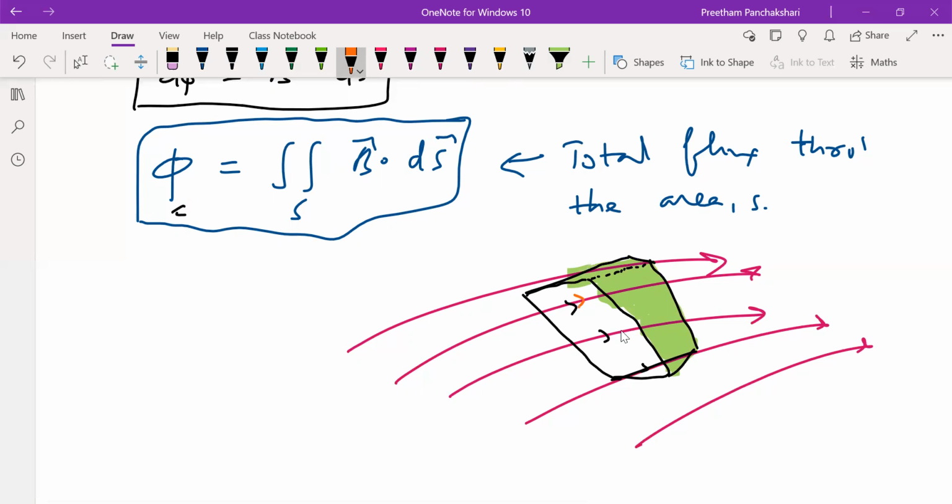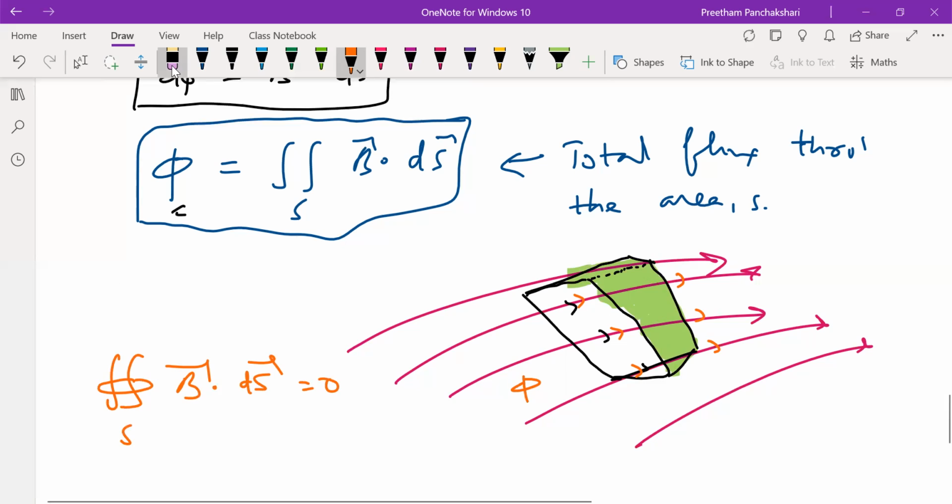The flux entering from this face is leaving from another face. Since these magnetic flux lines are closed paths, the number of flux lines entering the volume enclosed by this closed surface definitely leave from one or other surfaces. So the number of flux lines entering is equal to the number of flux lines leaving the volume through this closed surface. So when we consider the closed surface integration of B dot dS, that always gives us 0.